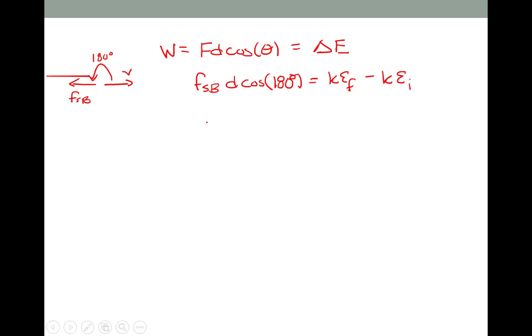Now, remember, the idea here is to find out how long that rough patch can be so that it just loses all of its energy. So that makes our final kinetic energy equal to 0. The initial kinetic energy was 50 joules.